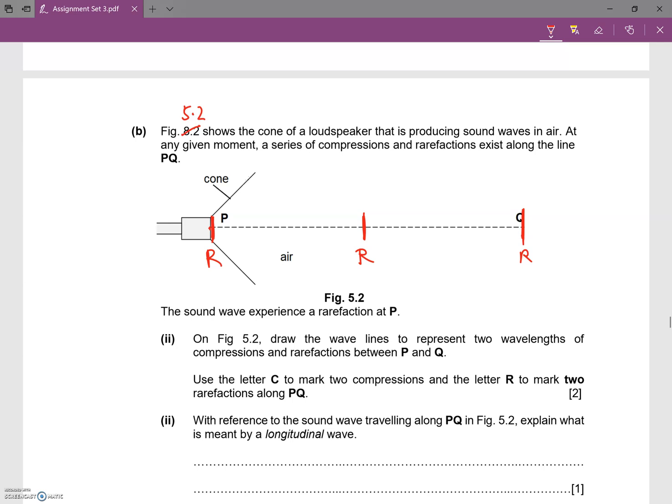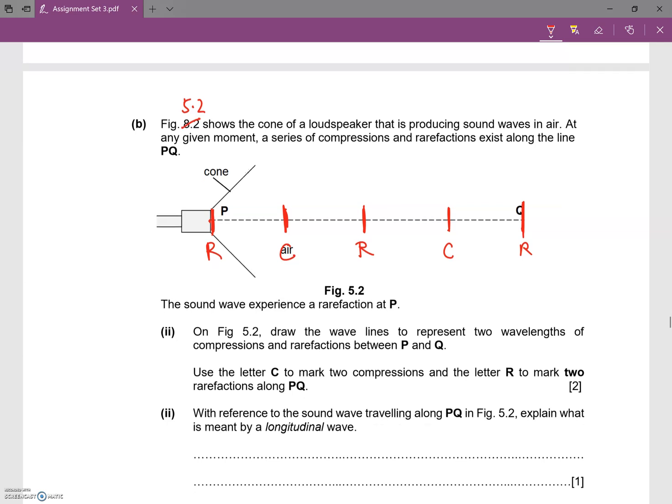In between the rarefactions, there are compressions. So this line will be a compression, and this line will be a compression. So rarefaction, compression. It will be something like this.